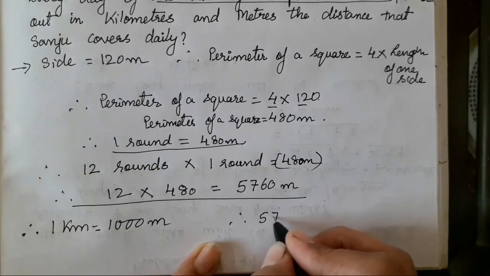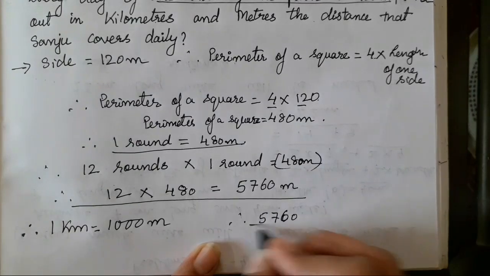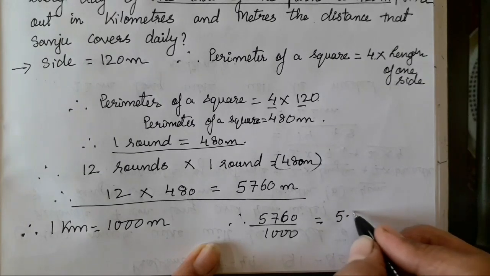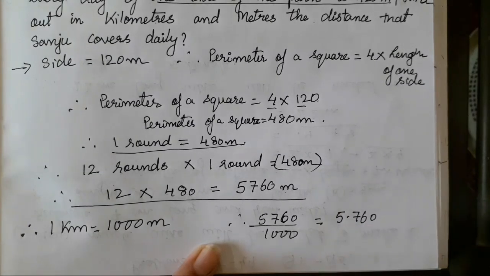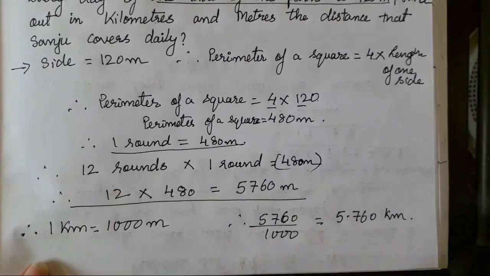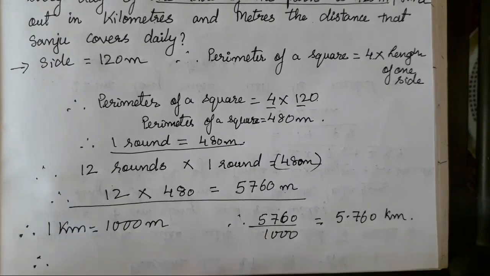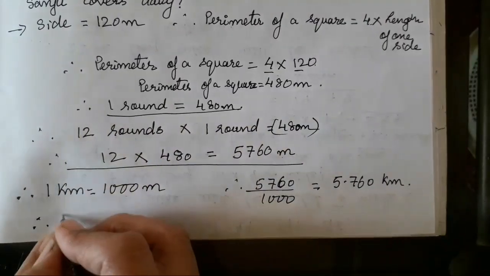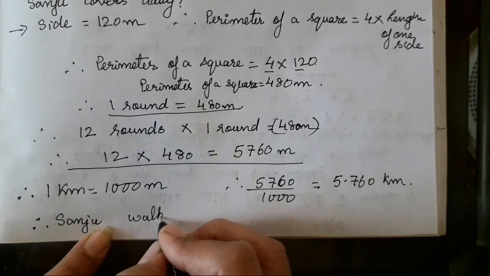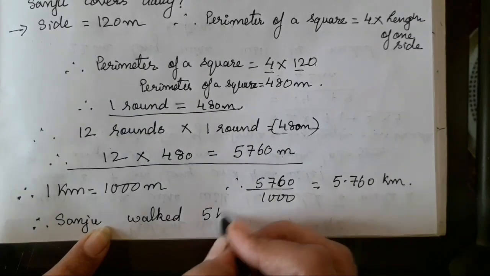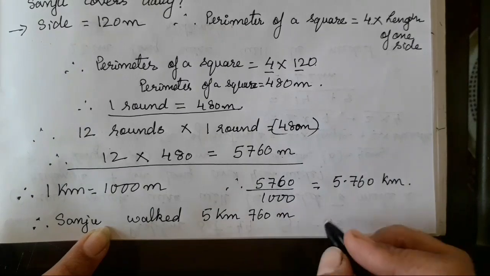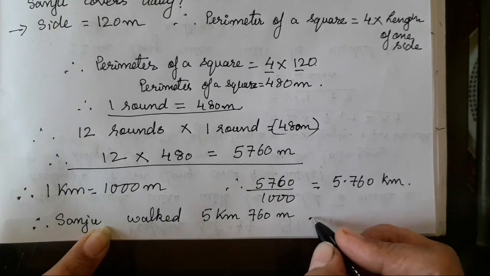Therefore 5760 divided by 1000, the answer is going to be 5.760. Okay, so 0 can be eliminated. This will be your kilometers. Therefore now write the answer. Sanju walked 5 kilometer 760 meters daily.